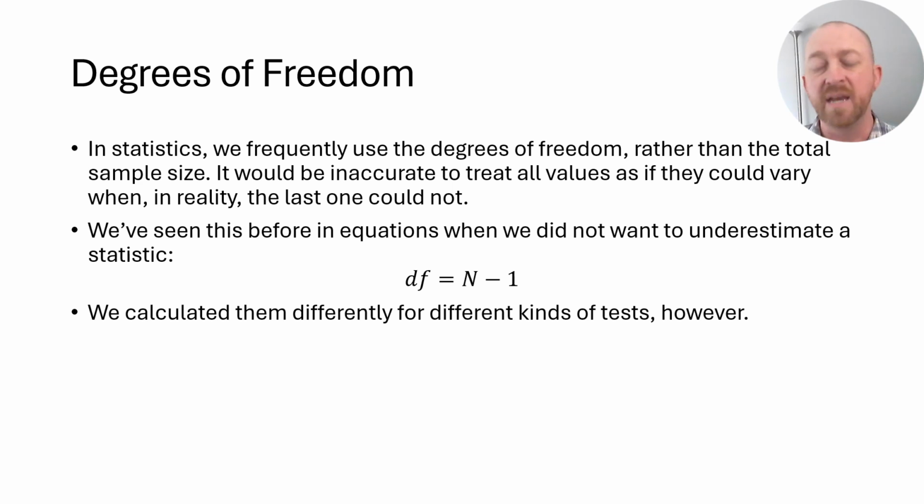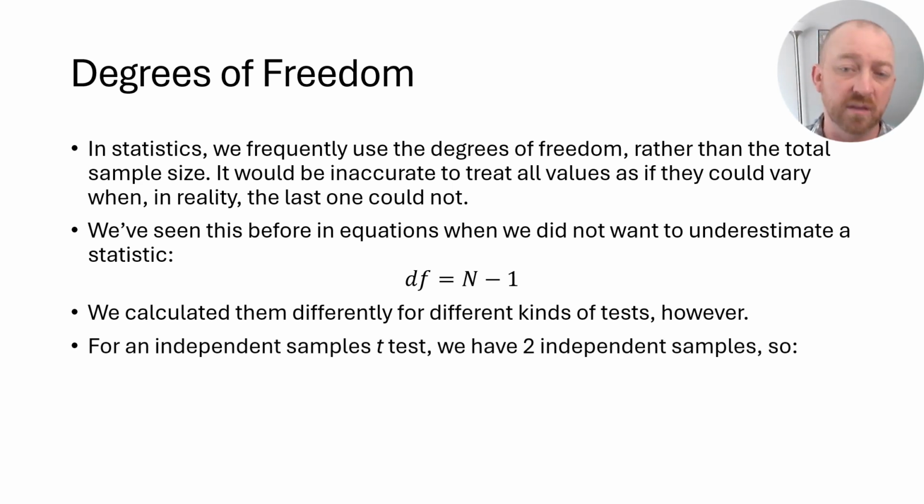Okay. Now, this is important, however, because that's with only a single sample that we use n minus 1. In fact, for your different kinds of statistical tests, it'll be calculated slightly differently because it depends primarily on what the parameters of the test are. So keep an eye out for that, for ANOVA, for chi-squared analyses, and of course for our t-test that we're currently working on. So again, if you've been watching these videos in sequence, the last thing that we did was an independent samples t-test.